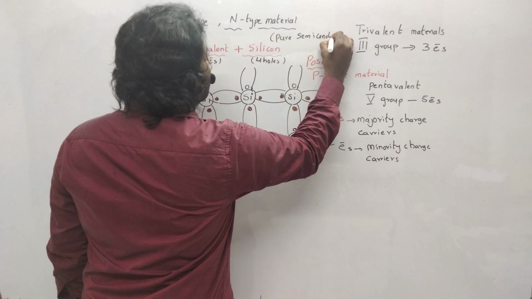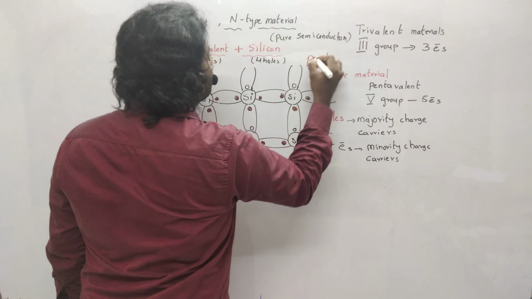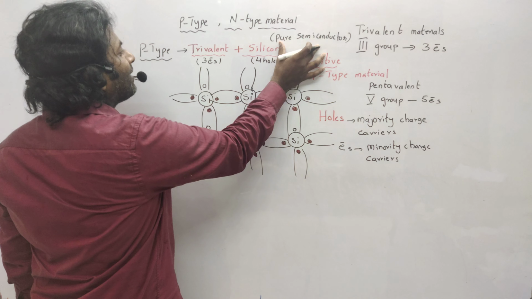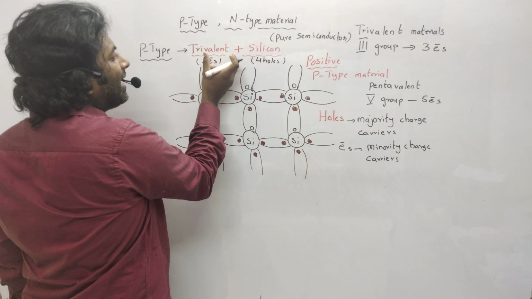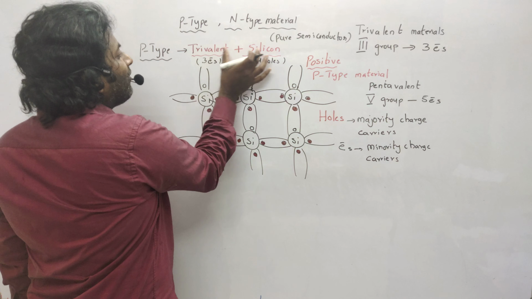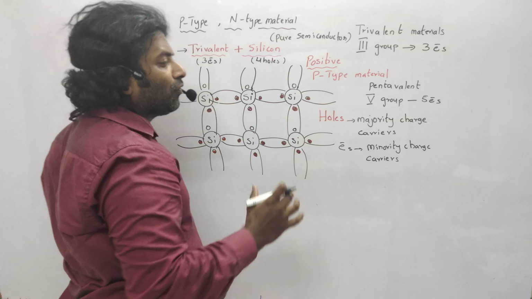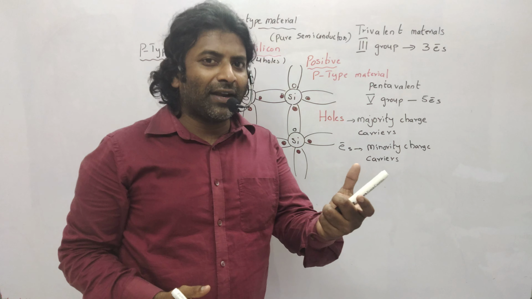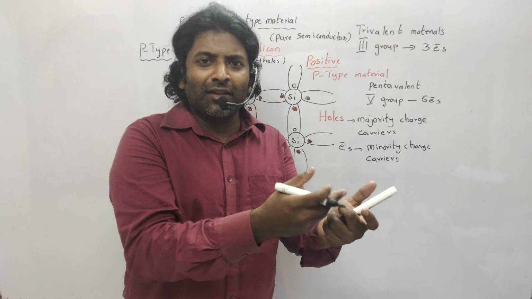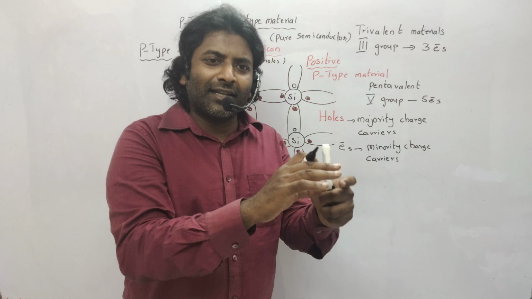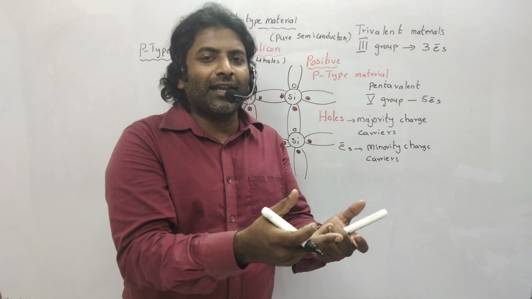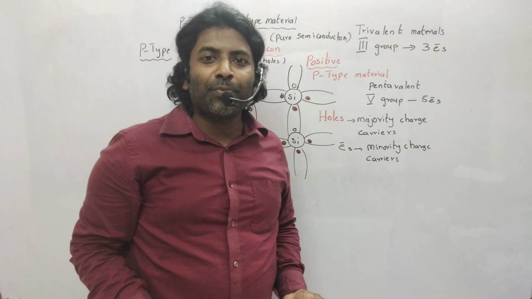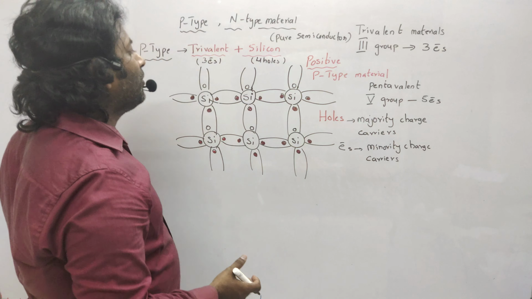For this pure semiconductor, we added trivalent. This is a good gas only. But whenever we add something to any pure form, it becomes impure. Right? Pure water mixed with any color turns into that color. Therefore, it is impure.